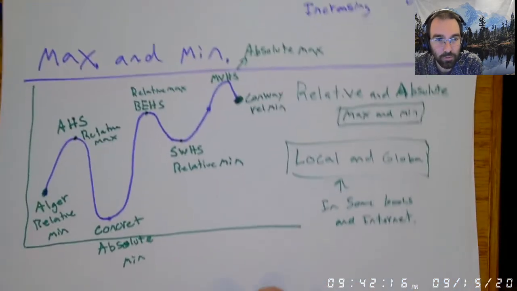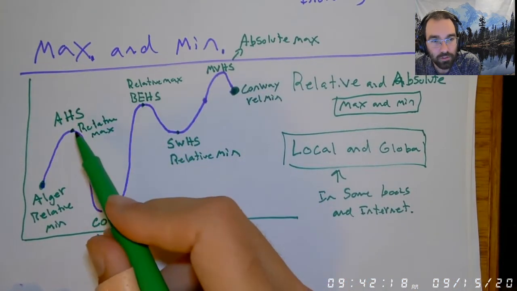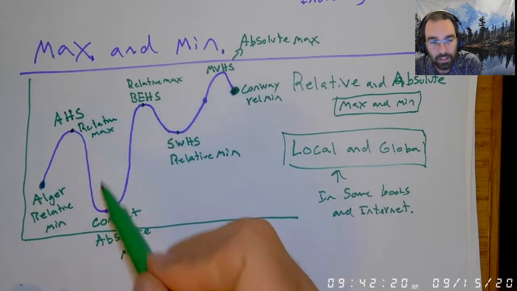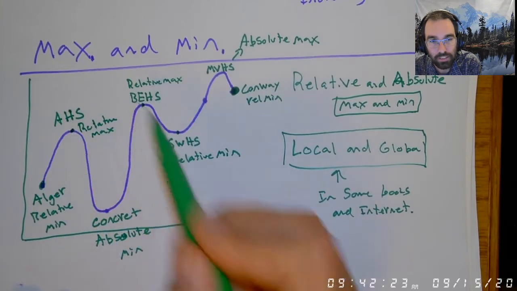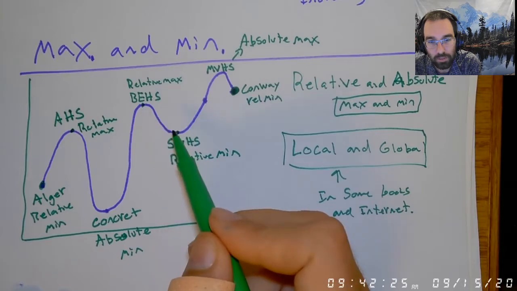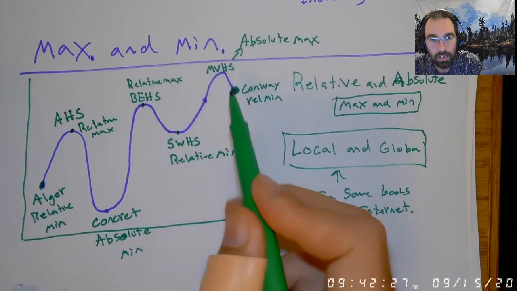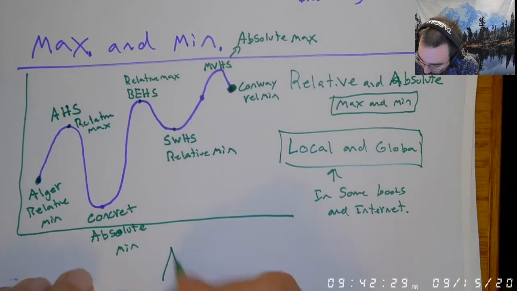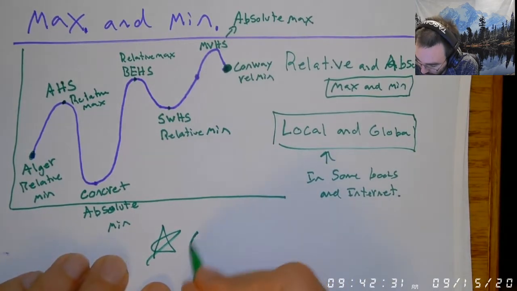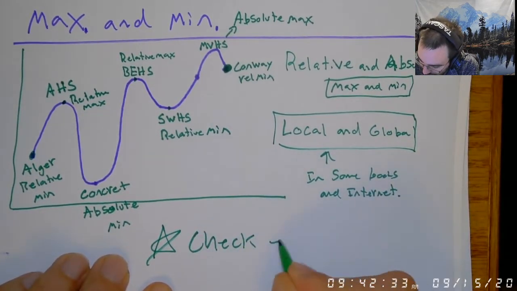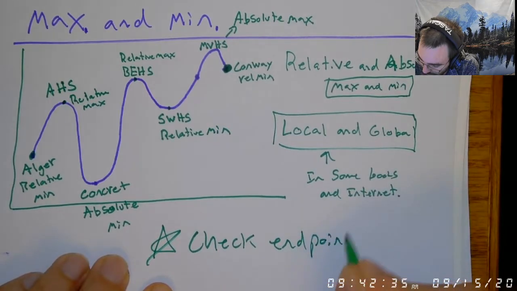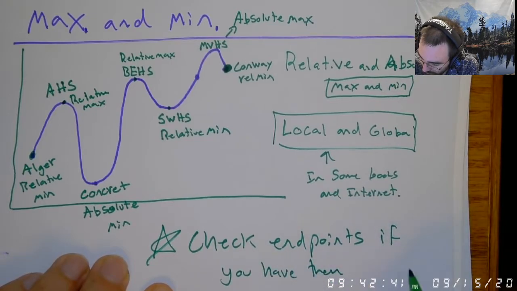Now, a couple of things I really want to point out. Do you guys see how I not only did peaks, which you're going to learn in calculus are called critical points, but I also checked the endpoints. So I'm going to put that here. You should always check endpoints if you have them. Right?